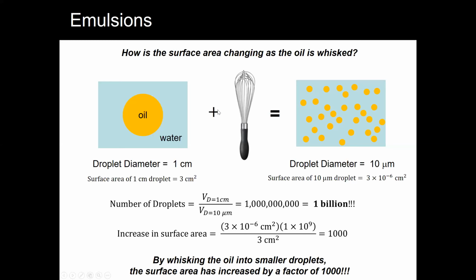And that energy comes into play when you're shaking or you're whisking the oil into the water. All right. So that's the reason why you have to put energy into the system, is because you need energy in order to create all of these droplets that are now suspended in water when they'd prefer to coalesce all together and just be this one big droplet.